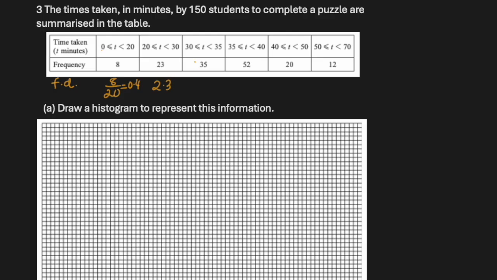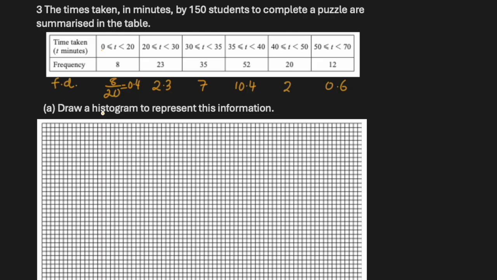35 divided by 5, 7. 52 divided by 5 again. Isn't it 5? Yes, it is 5. So 52 divided by 5 will be 10.4. 20 divided by 10 will be 2. 12 divided by 20, isn't it? 50 to 70, 20, so 0.6.